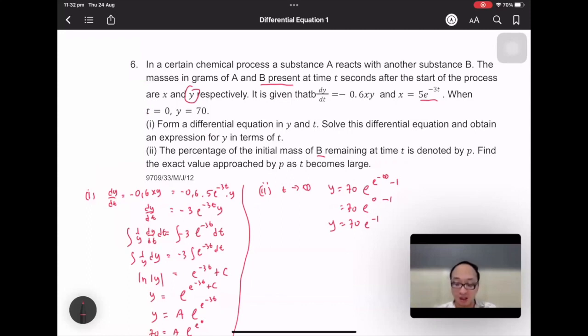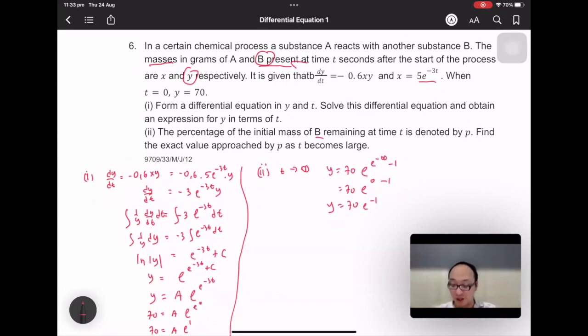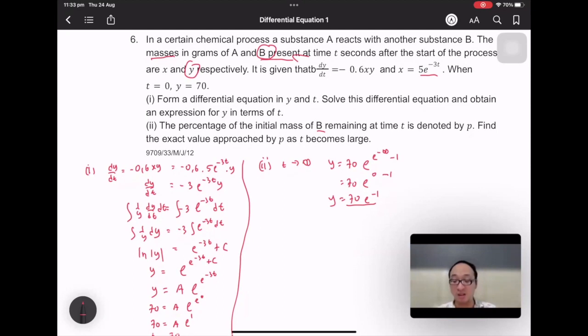Now, the equation here is relating to the mass of B present, so that means the mass of B that remains at time t. So I can simply say that this is the amount of B remaining at time t.